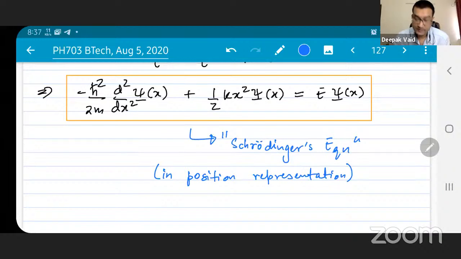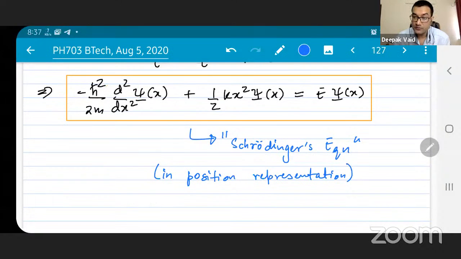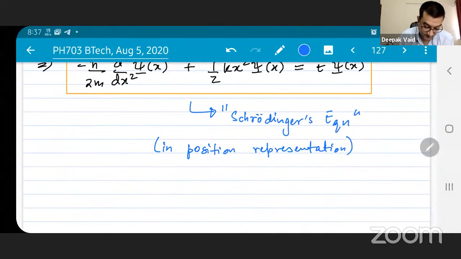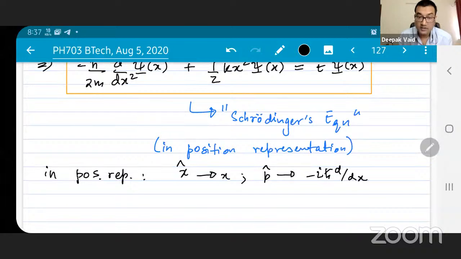When you go to the momentum representation, instead of derivatives with respect to x, what happens is, in the position representation, this is what happens to your momentum and position operators.